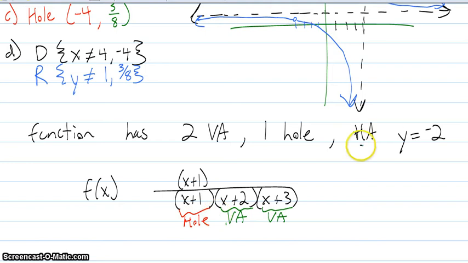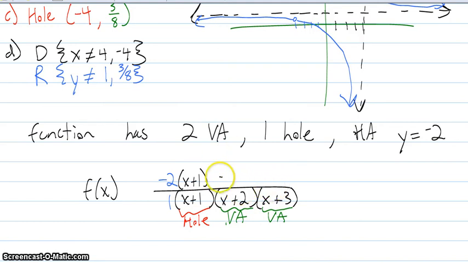Now, to get y equal -2, that means the coefficients have to come into play. So I'm going to have a coefficient of -2 on top, and then you can just put a 1 on bottom. In order for that to work, though, I need the power on top to be the same as the power on bottom. Since we have 3 terms on bottom, we need 3 terms on top.